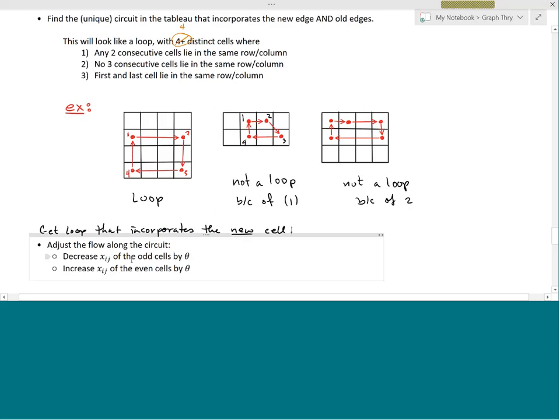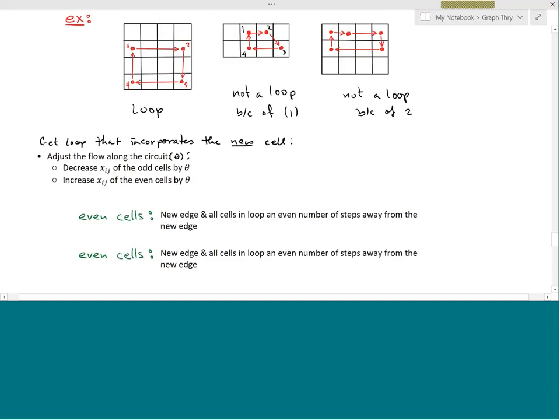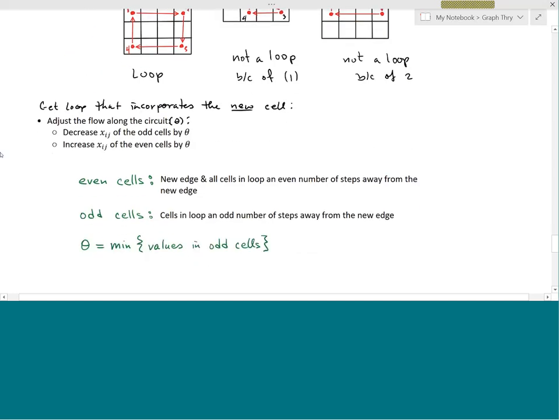Now, along this loop, which corresponds to a circuit in the underlying tree, we're going to decrease the value along the odd cells by theta, and that theta is the name of the circuit. And we're going to increase the value in the cells that are what are called the even cells. Now, here's the deal of how to find even and odd cells. Your even cells are always going to be your new edge, and then all of the cells in the loop an even number away from that new edge.